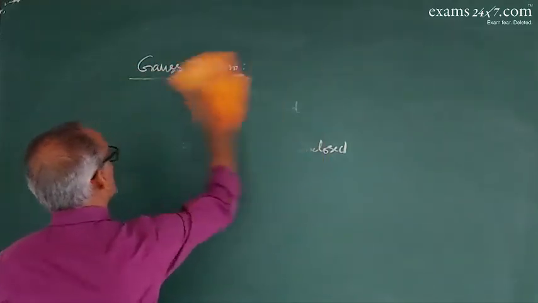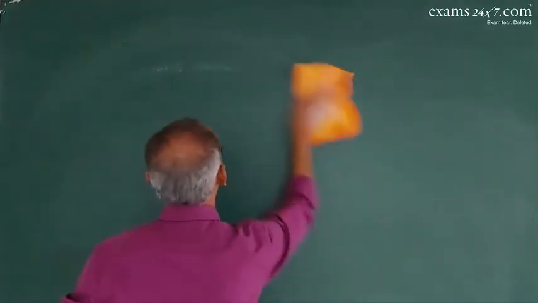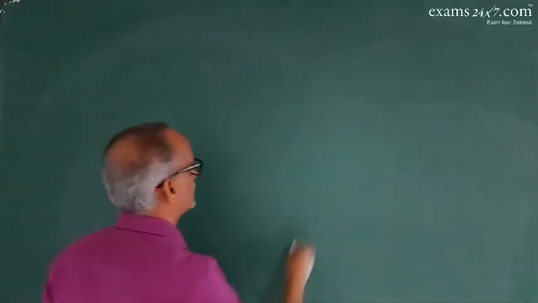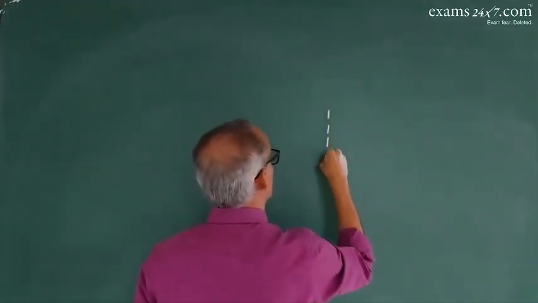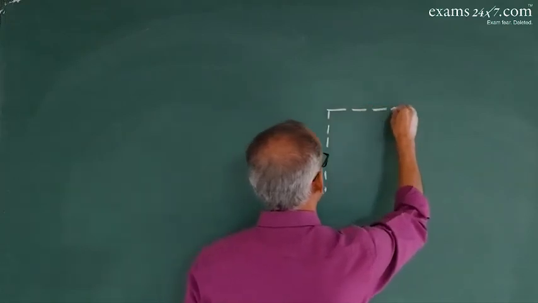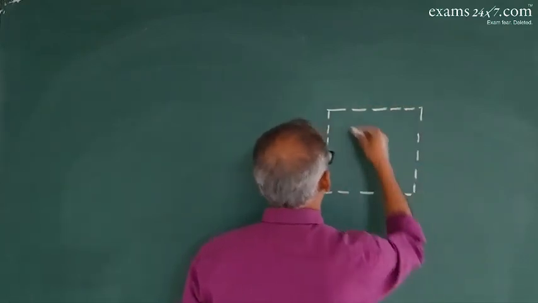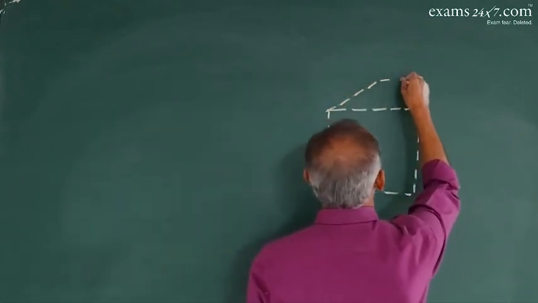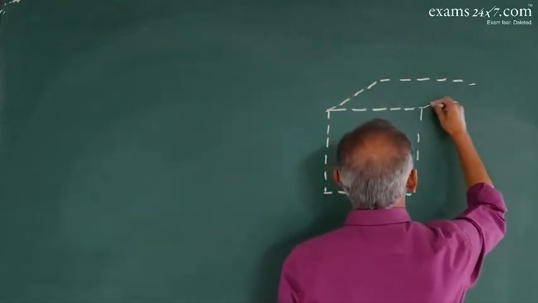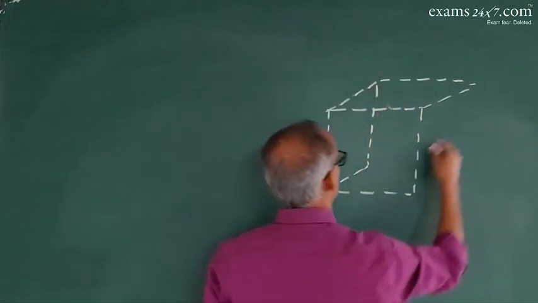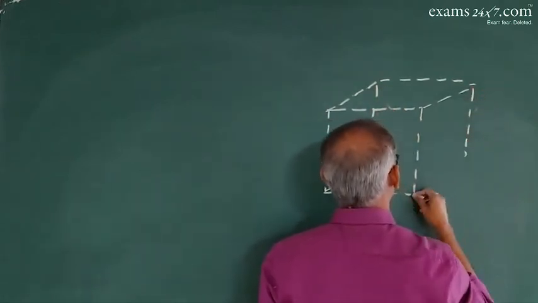Now, using this Gauss theorem, we can find the flux through a cubical surface. So let this be a cubical surface, and I'm going to place the charges at various points of the cubical surface.